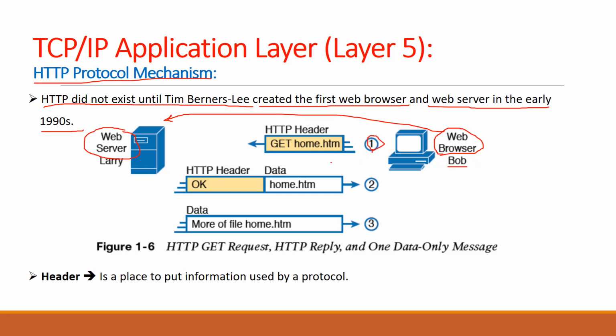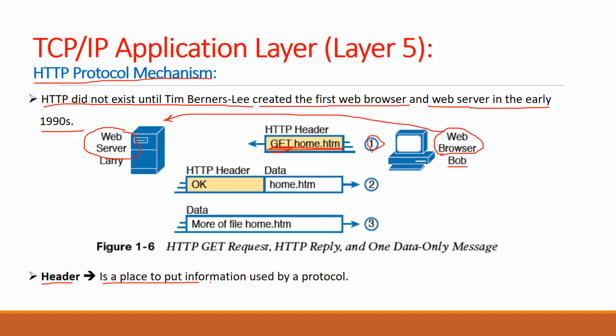Bob's PC, or web browser specifically, will send a GET request to the web server, and this content exists in a header. So what is a header, or in this example, the HTTP header?